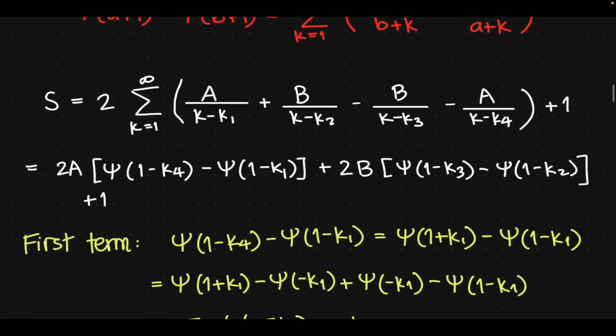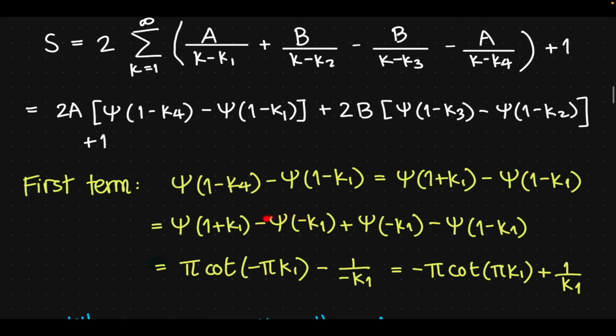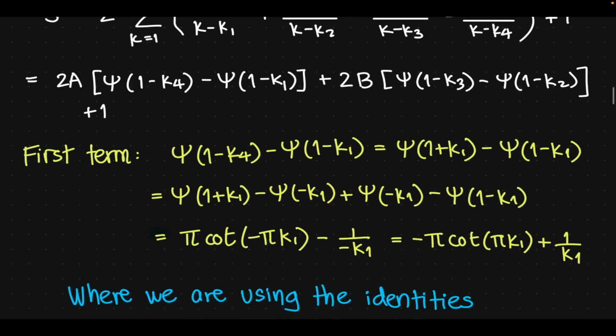So notice this first term, digamma 1 minus k4 minus digamma 1 minus k1. k4 is minus k1, so we have digamma 1 plus k1 minus digamma 1 minus k1. Now what I'm going to do here is add and subtract digamma of minus k1, because what that helps us do is we have digamma 1 plus k1 minus digamma of minus k1.